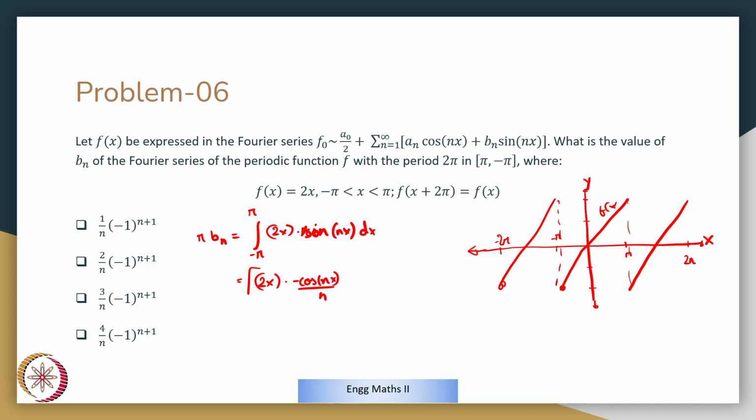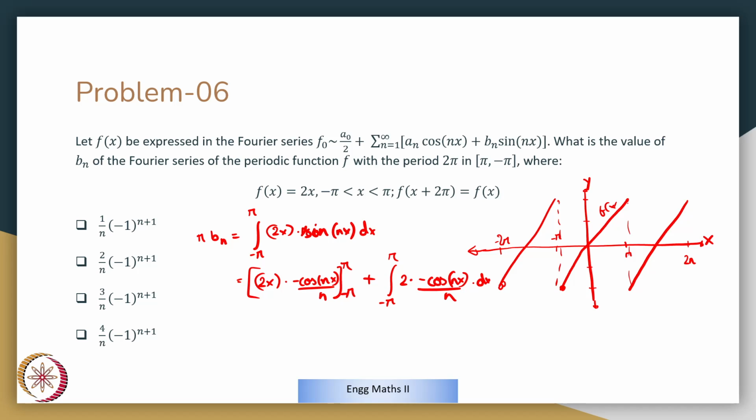I am integrating by parts, plus integral minus pi to pi 2 times of minus cos of nx by n dx.